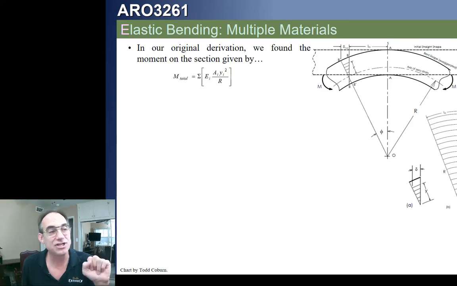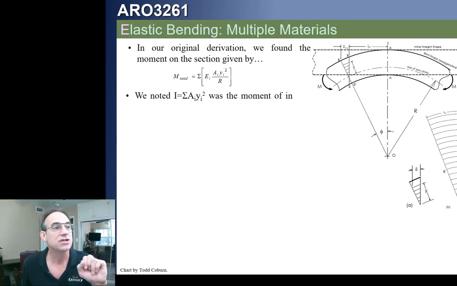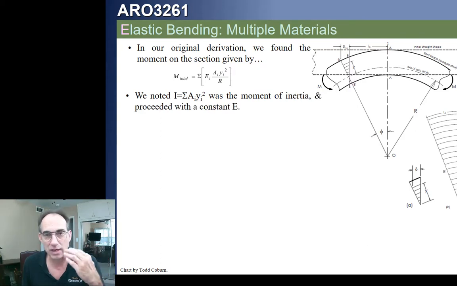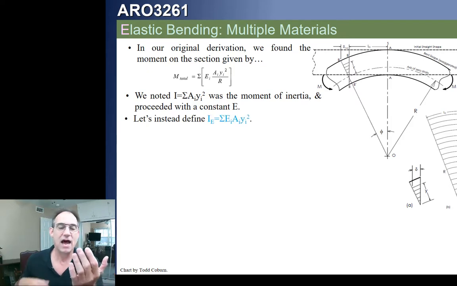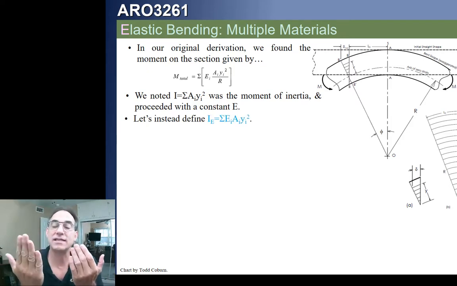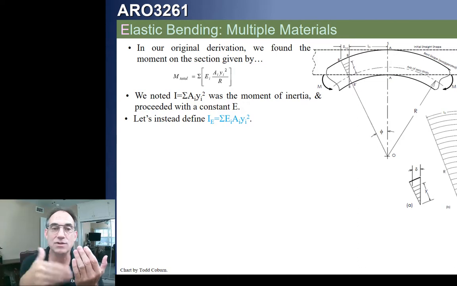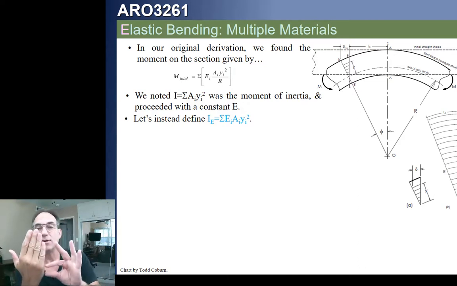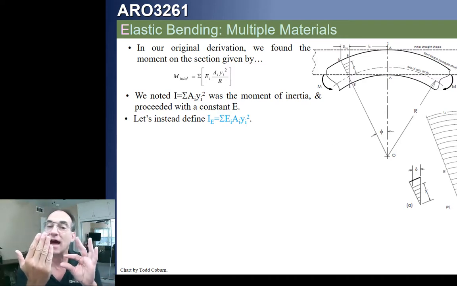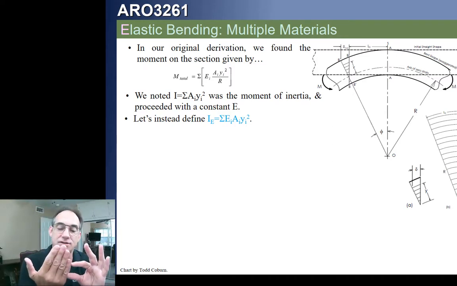And then we can't just cancel out the E. So what we're going to do, if we remember that our I was the sum of the AY squareds, we could say, let's take an I. That I was our stiffness. It was the relative stiffness. And since the E was the same everywhere, that's all we needed. Now, if we have different materials with different E's, then the I is not sufficient to determine how much resistance that section has.